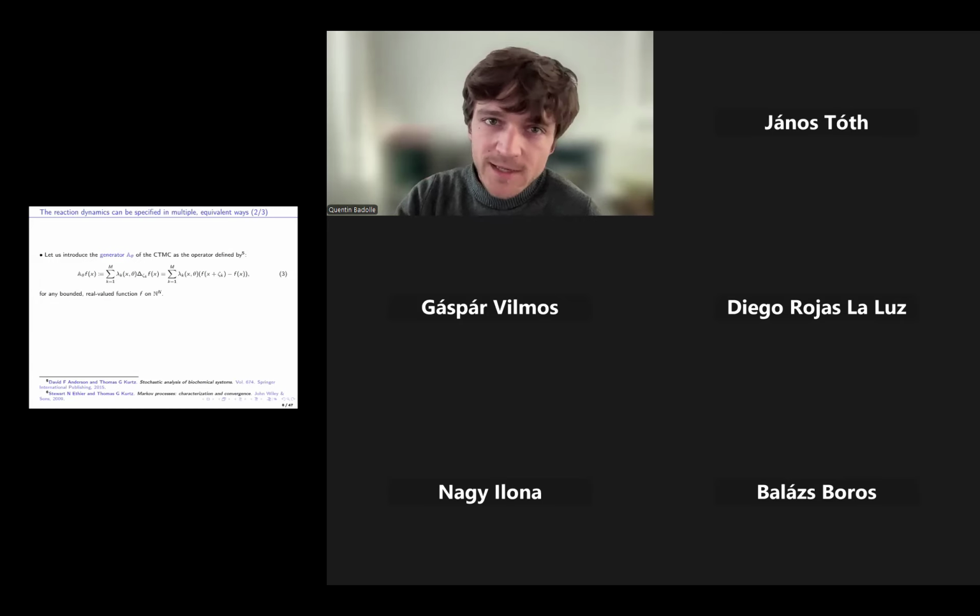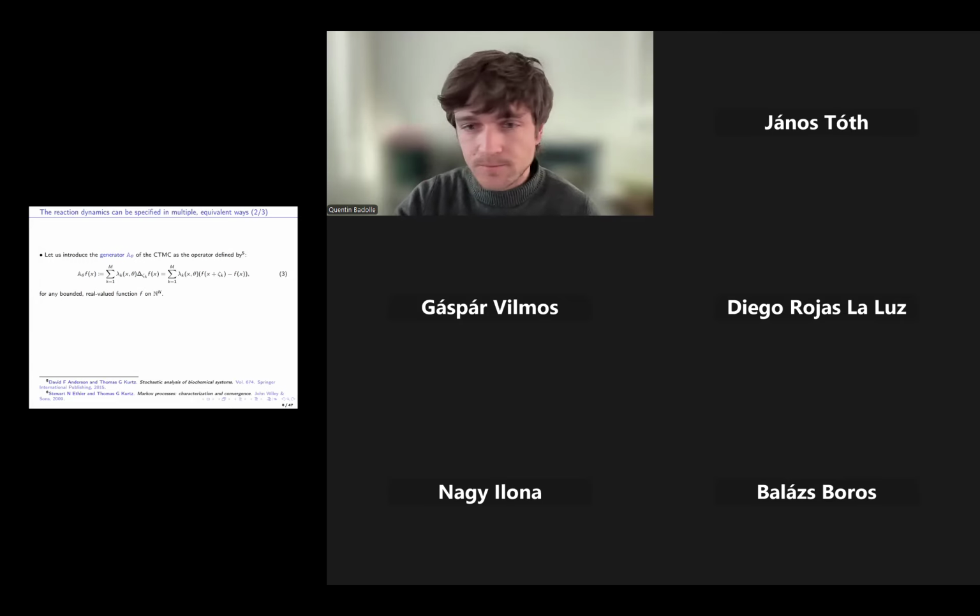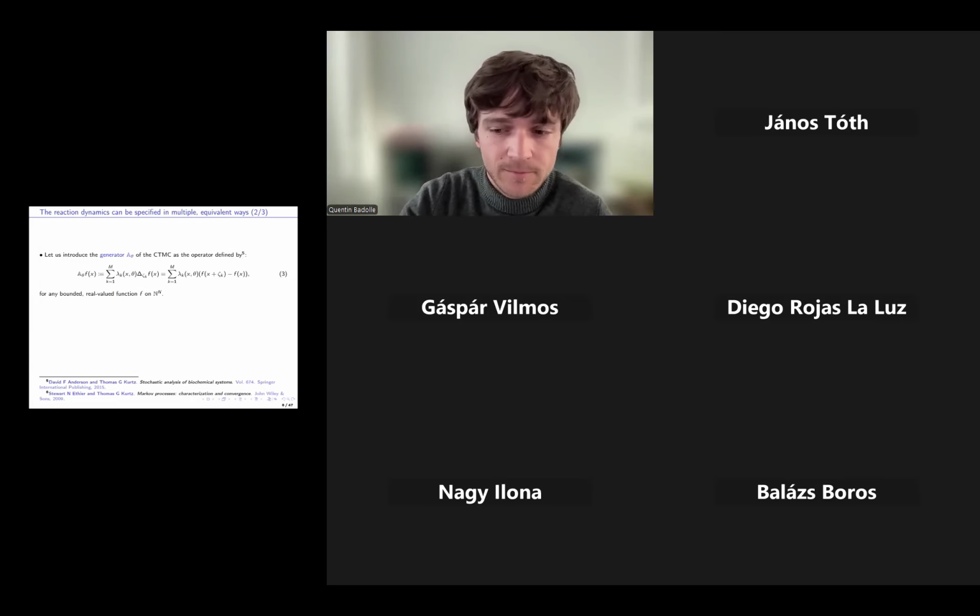Now, the second way to specify the CTMC is through the generator A theta, which can be seen as an operator on bounded real-valued functions f, with the action of A theta on f being described by this right-hand side. And here note that the finite difference, which is in the parentheses, will be simplified to this notation: delta zeta k f.